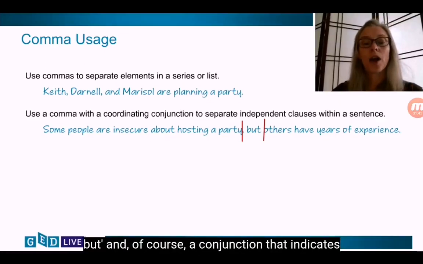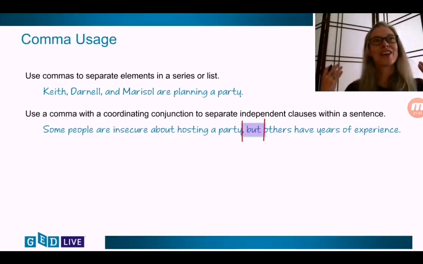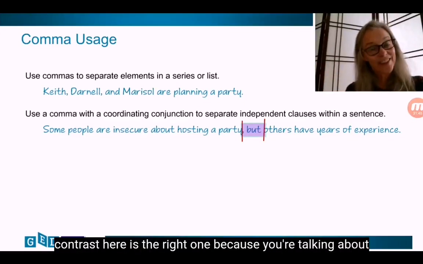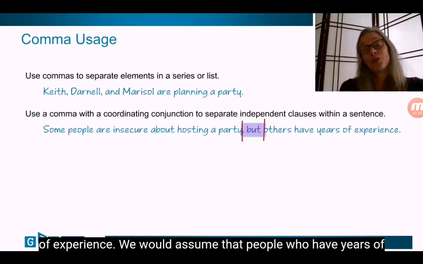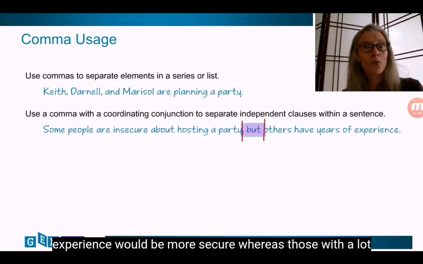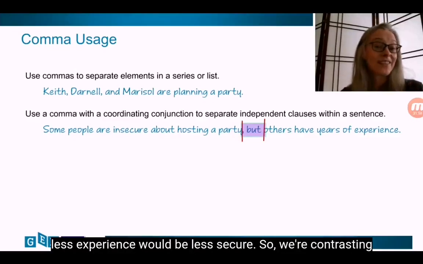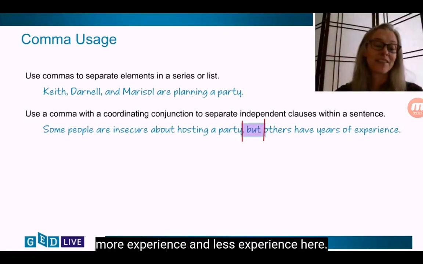And of course, a conjunction that indicates contrast here is the right one, because you're talking about people who are insecure versus those who have years of experience. We would assume that people who have years of experience would be more secure, whereas those with a lot less experience would be less secure. Right? So we're contrasting more experience and less experience here.